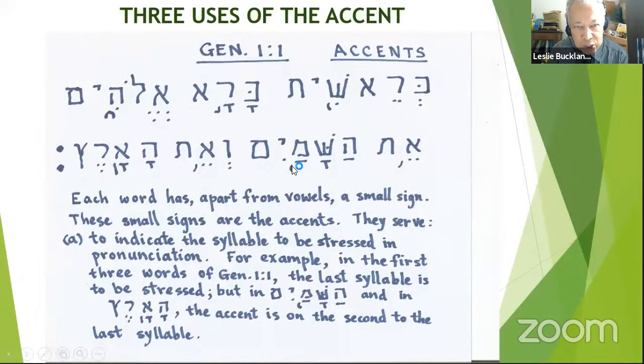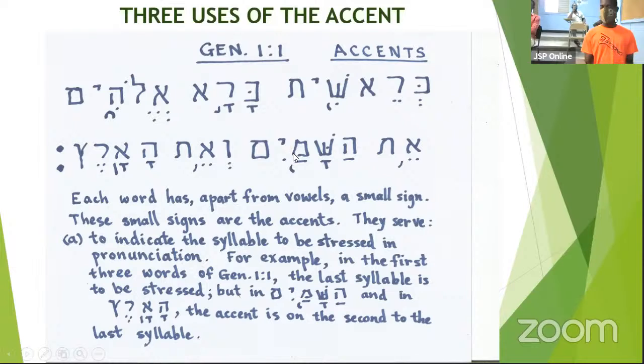Notice this shape, which is under the third syllable. You have ha or hash, sha, ma. So hash, sha, ma. This is the third syllable. There is an accent mark under the third syllable. What does that mean that we should do to this third syllable?